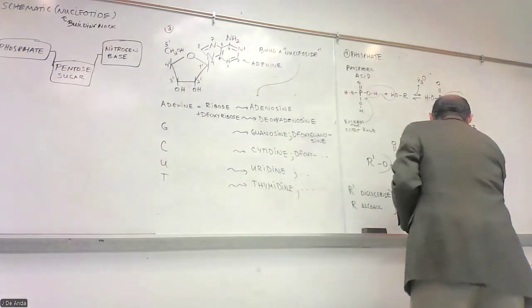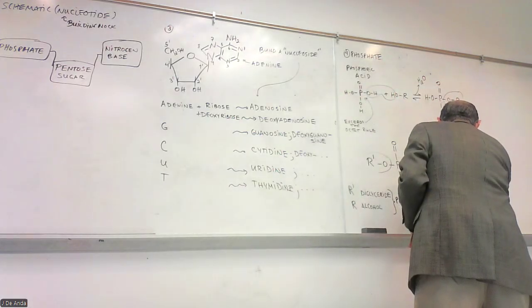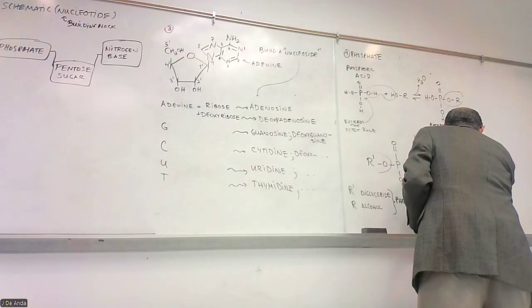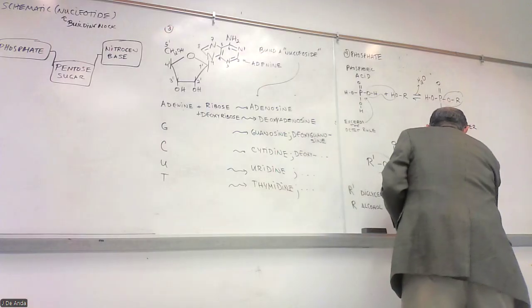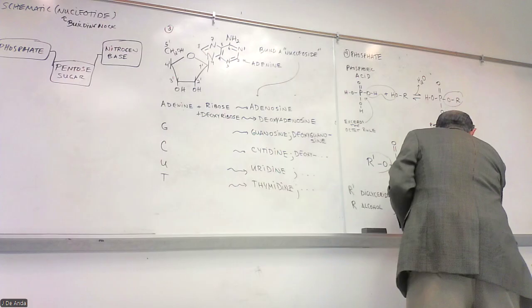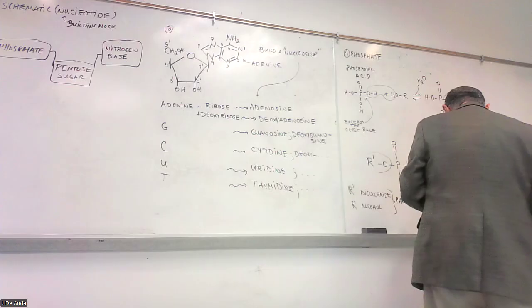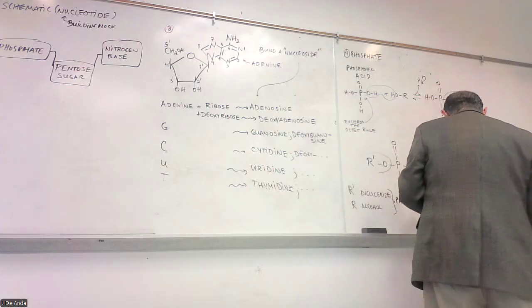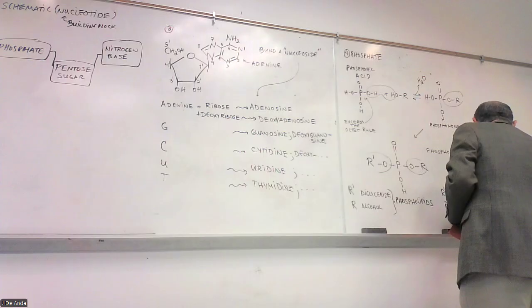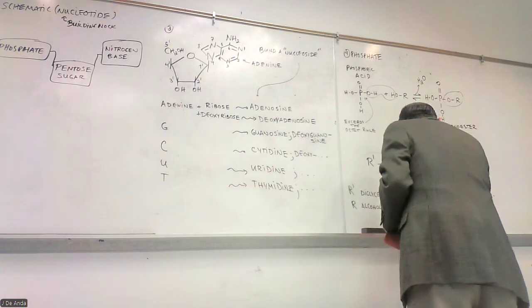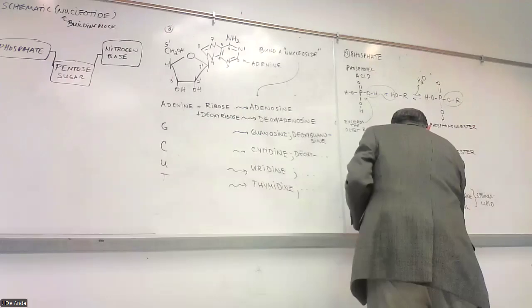And if R prime is sphingosine, and R, again, is an alcohol, this would be a sphingolipid. By the way, you can call this a phosphoglyceride. So these are the phospholipids we saw before.